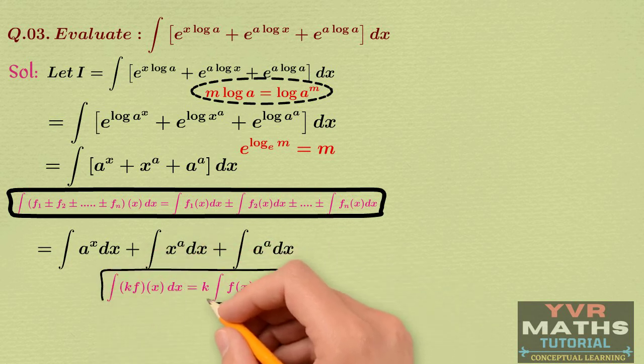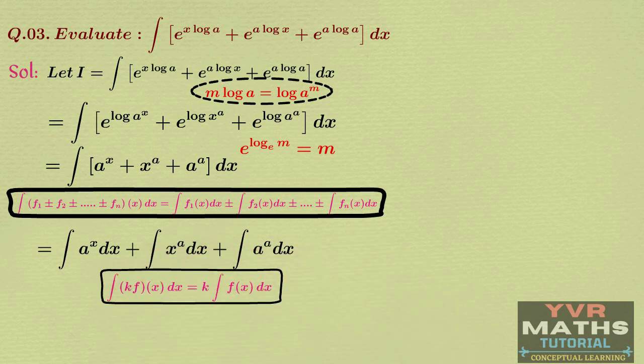By using this property, the third term can be written as a^a into integral 1 dx. See the next step. The first integral part and second integral part are as it is. In the third integral part, a^a is constant. Constant I wrote outside of the integration. Then integral 1 dx by using this property.